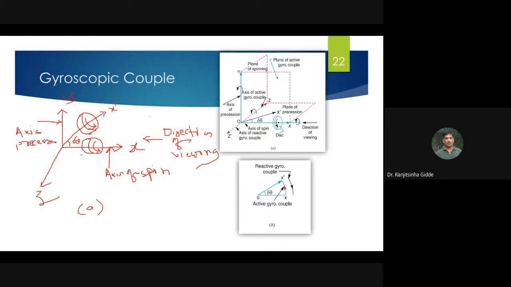Ajay, are you drawing the diagram? Yes, sir. So all the students should take down this diagram.